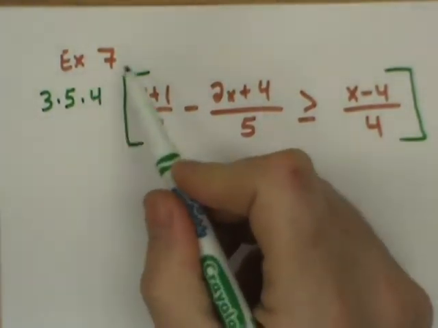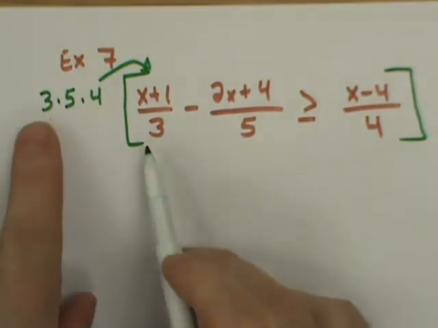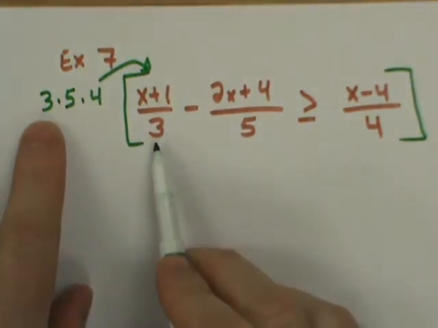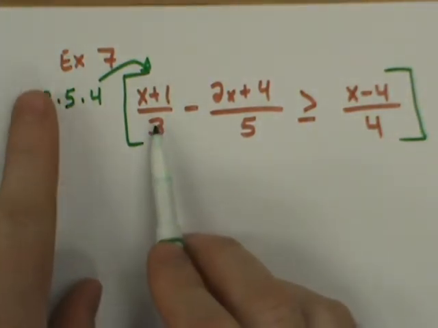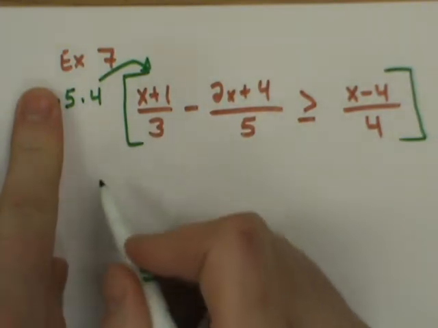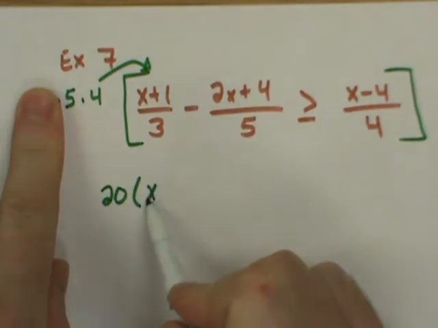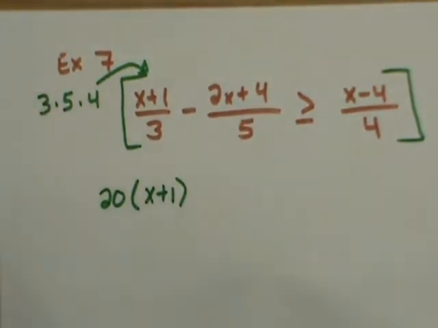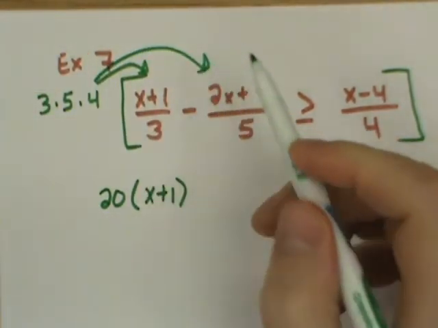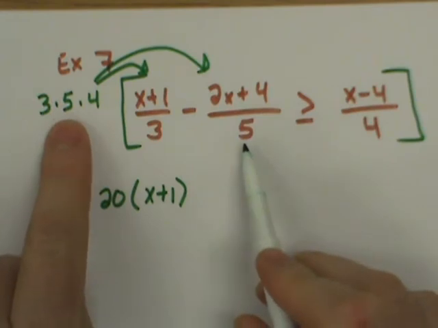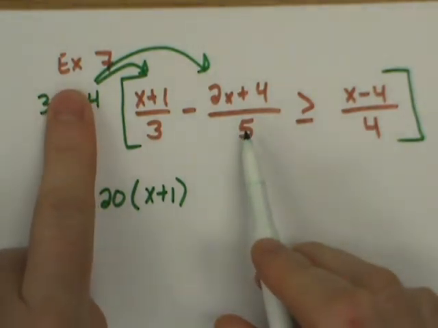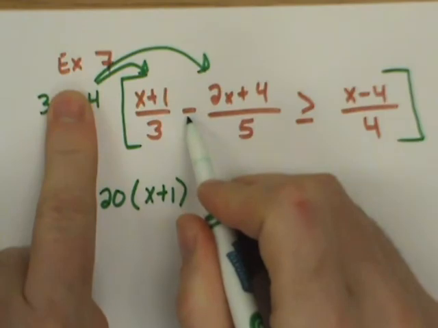And so as I distribute this to the first fraction, the 3's would drop out, because that's top and that's bottom, and that would leave me with 20 times, now x plus 1 comes down unchanged. As I move to the second fraction, the 5 would drop out, so if that drops out, I have 3 times 4, which is 12. I have to pay attention to the sign.